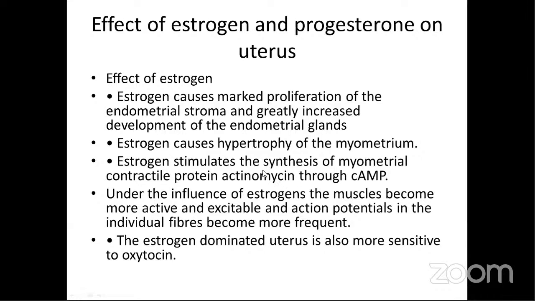That is the biochemical basis of how estrogen increases the sensitivity of the musculature. Under the influence of estrogens, the muscles become more active and excitable, and action potentials in the individual fibers become more frequent. The estrogen-dominated uterus is also more sensitive to oxytocin. So these are the effects of estrogen on the uterus.